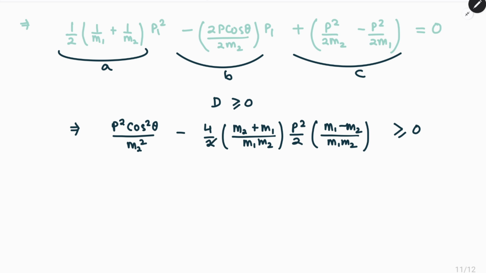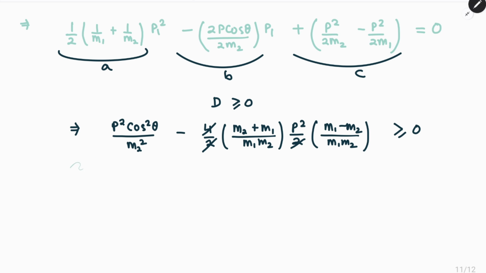So we are going to have this expression, and then we remove the p square part because it is greater than or equal to 0. Since this expression is in terms of cos theta and we are looking for the maximum angle, the value of theta will be maximum around 0.